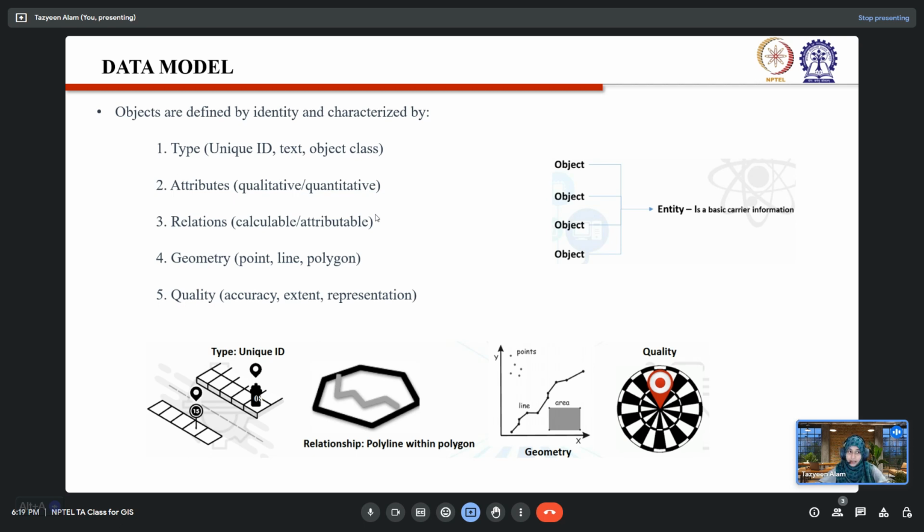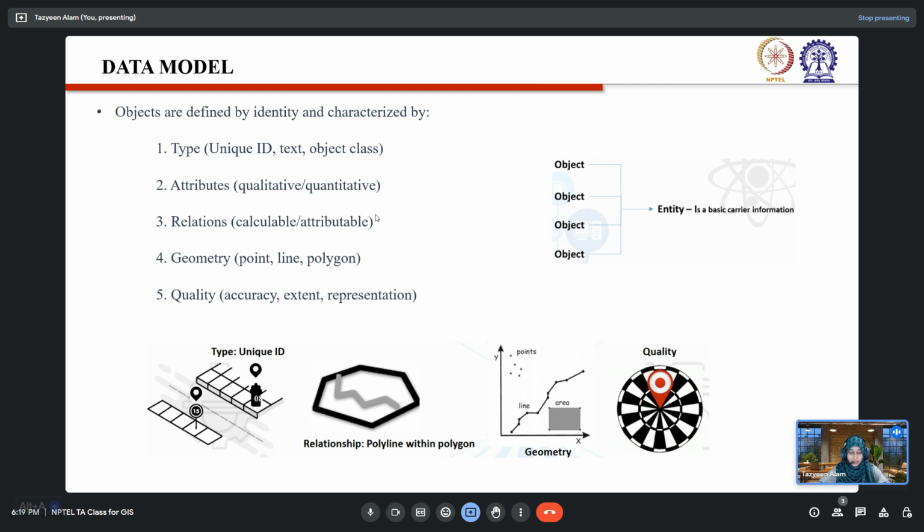So let us say there are 16 ponds in my study area. So we are talking from the perspective of urban planning. So if there are 16 ponds, every pond will have its area, correct? So instead of calculating the area, let us assume that the area data is also available in our attribute table.